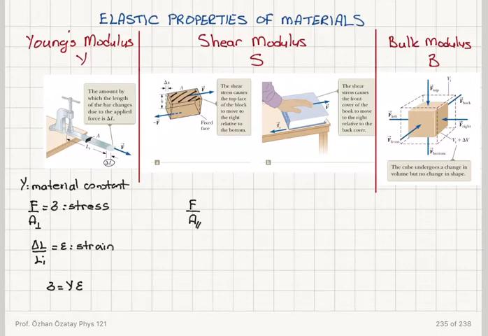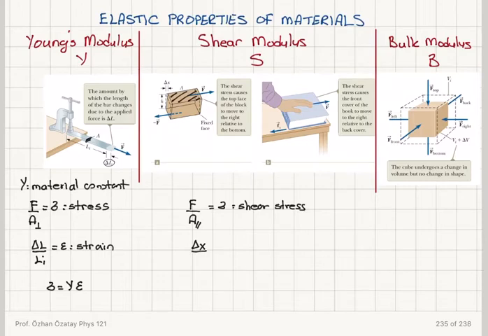And as a result of this force, we're getting a stress sigma, that's shear stress. And the end result of this stress is a change in the position of the top plane with respect to the bottom plane. The motion is by an amount delta x.